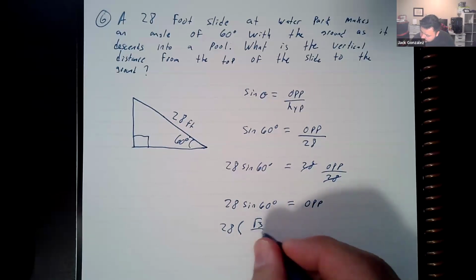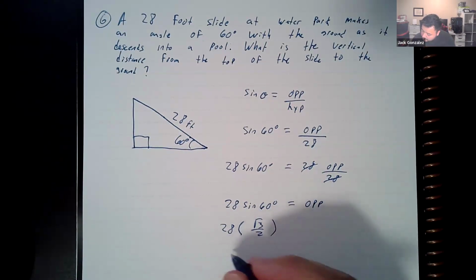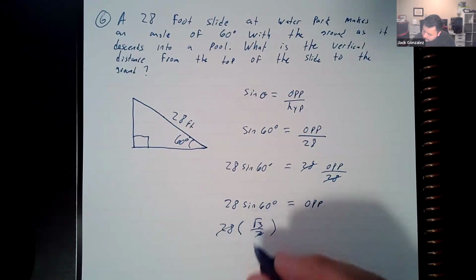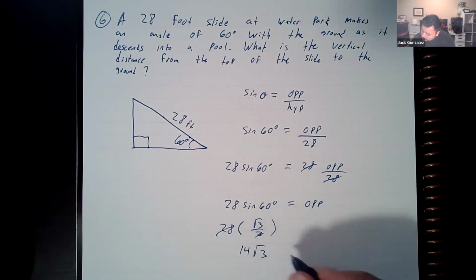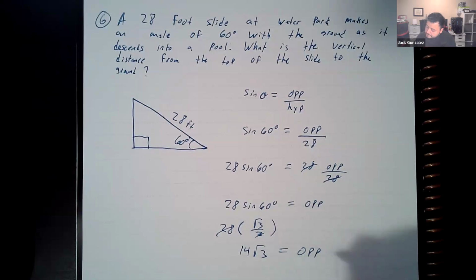Root 3 over 2, which would cut this in half, gives 14 root 3. So what is that as a decimal? We still need the calculator.